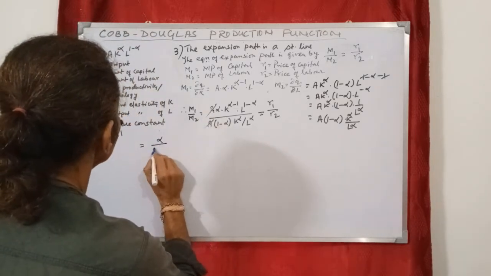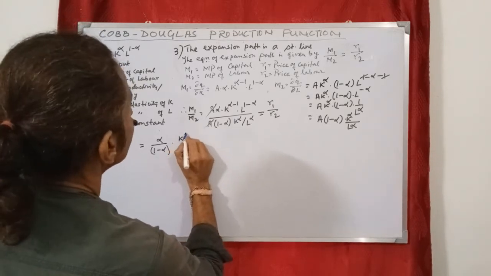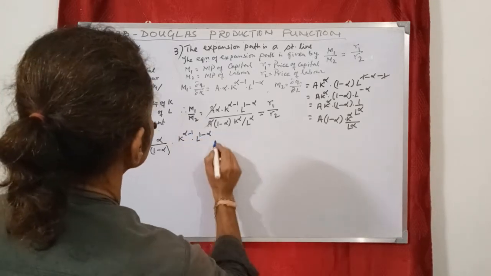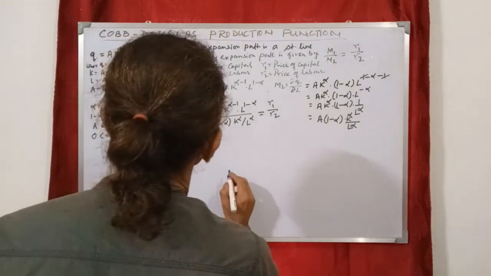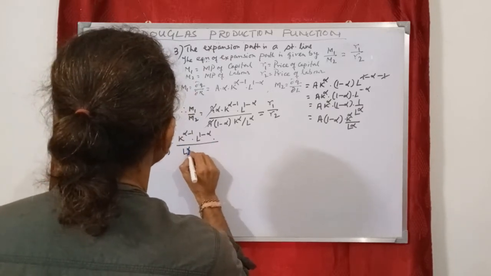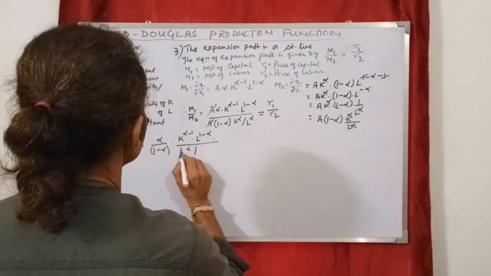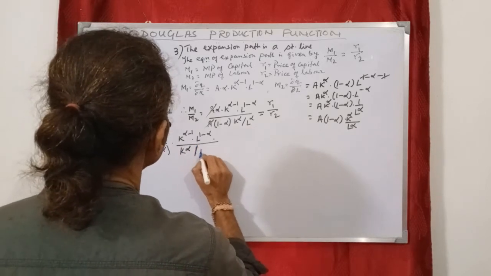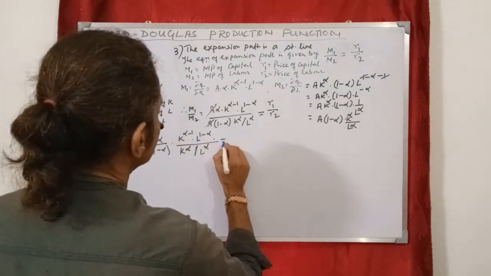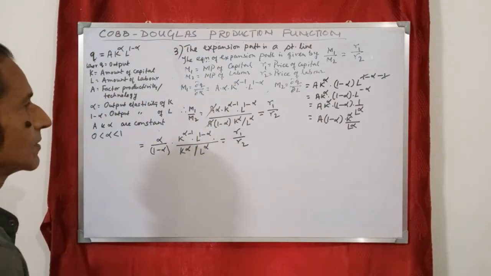Remains alpha by 1 minus alpha, k to the power alpha minus 1 L to the power 1 minus alpha divided by k to the power alpha divided by L to the power alpha. This is equal to R1 by R2, right?